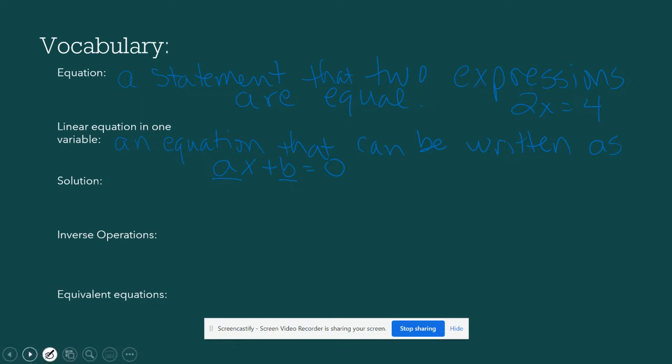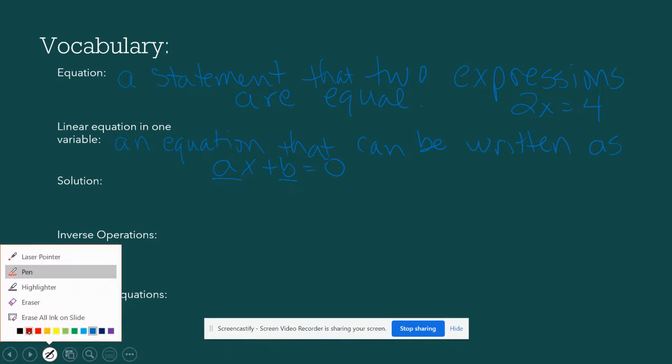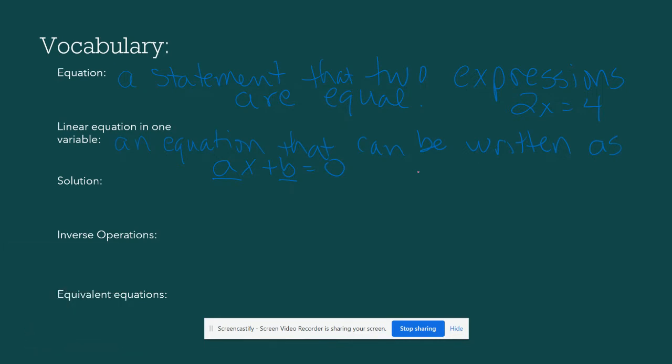I like to say that another way to recognize this is there is only one letter or type of letter in the problem. So there's only X's, or only A's, or only Y's, or only R's, or whatever the variable is, but that's all there is. So you're not going to have like 7R plus 2Q. That would be two variables.